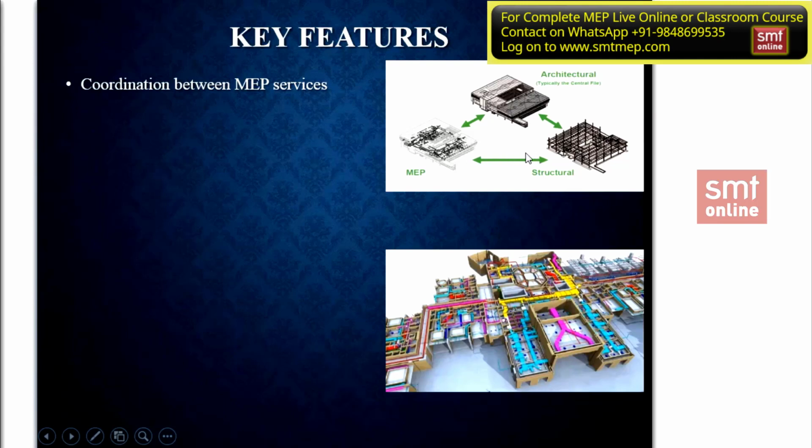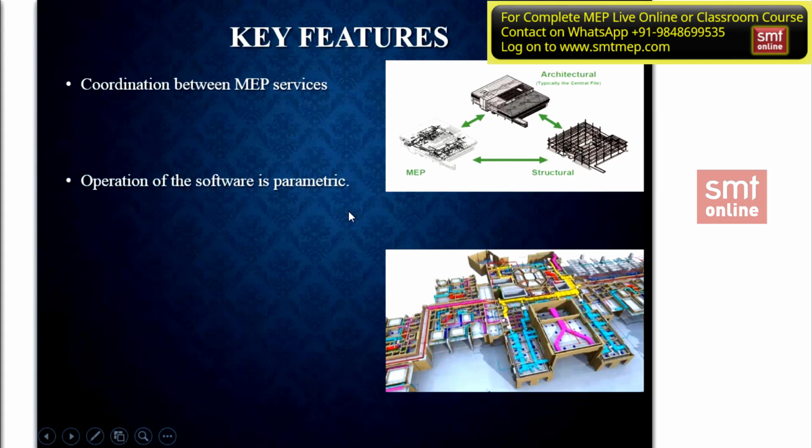But here we are talking about MEP services, so we'll talk about the services. Between the services you'll find the coordination, or for example if there is any change in the architectural design at the design stage, then as per the requirement one can change the services, or vice versa.